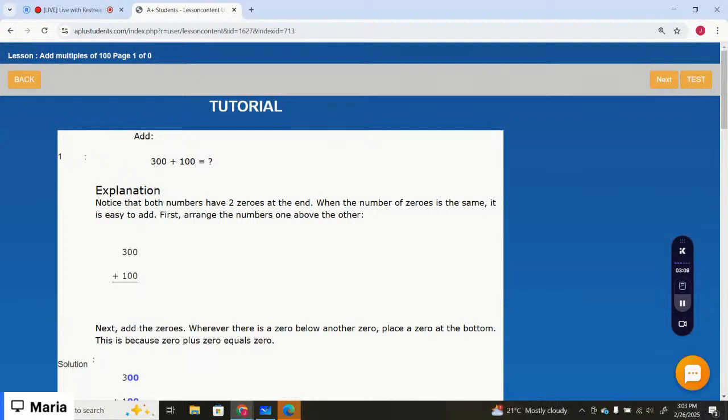So both the numbers have the same number of zeros. They have two zeros at the end. So when the numbers have the same zeros, that is easy to add. Let's just write them down one above the other and start adding from the ones digit.